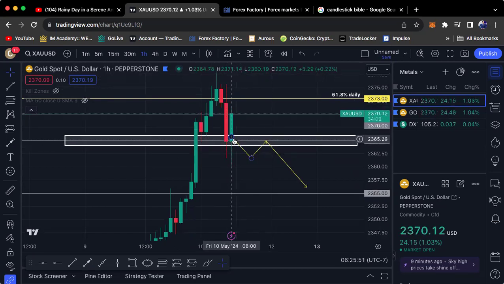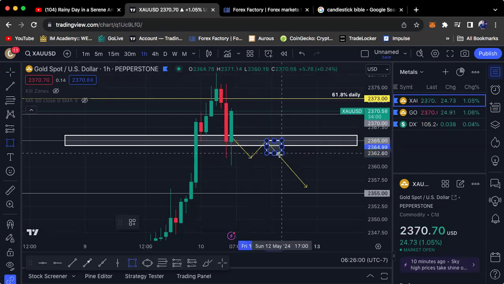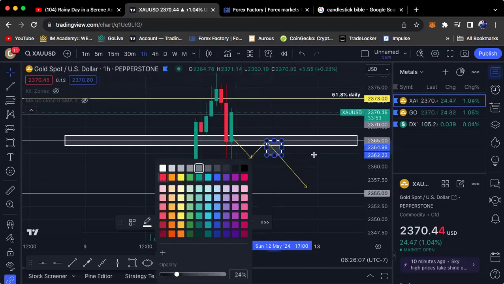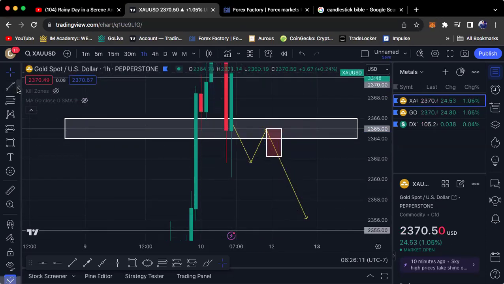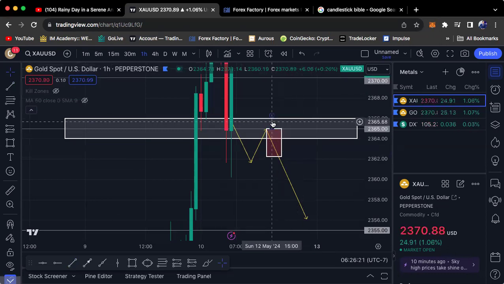All right, if price breaks below this zone here, closes below, retests, and opens up a bearish candle here, and it gives you like a wick here, right? And it wicks here, and that's a confirmation for a sell.